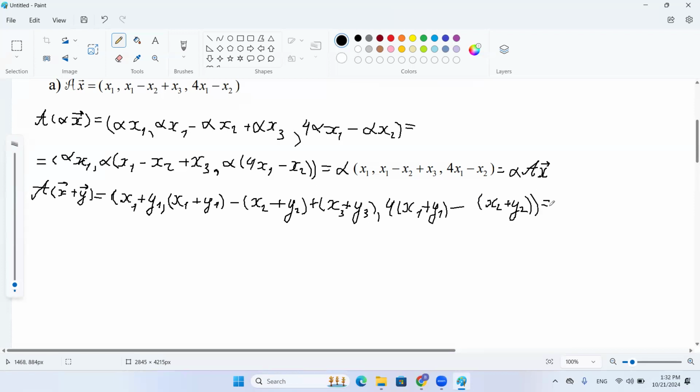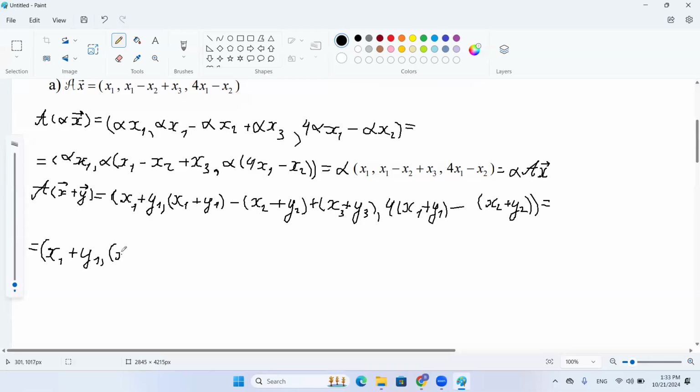Okay, what to do now? Now I will regroup these elements, separately x, separately y. So it will be easier for us to see if this operator is linear or not.